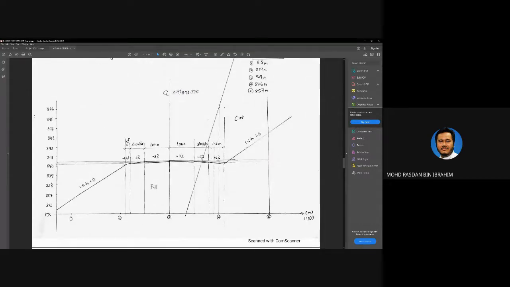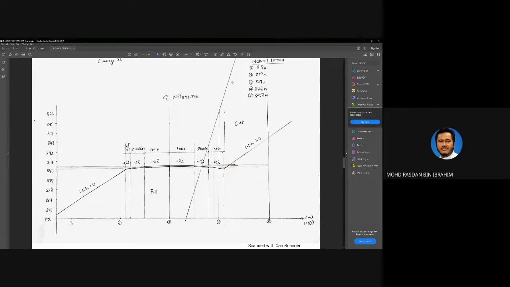This is why I mentioned that the previous assignment's terrain is not very good. You can see this line here is the natural terrain. It's too high. Because I didn't have enough time to design last year, we ended up with this kind of terrain.